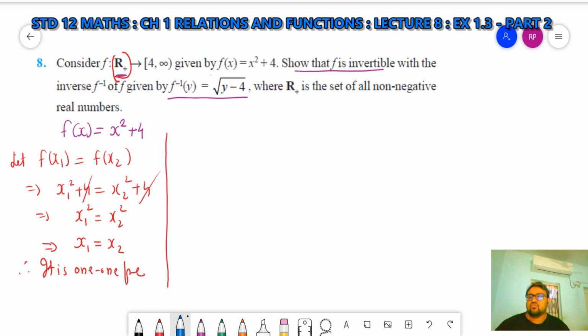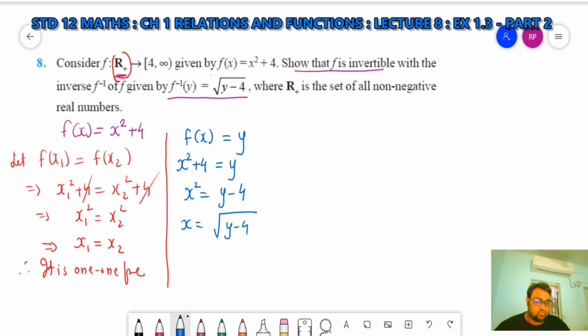Okay. Now for onto. So for onto we will take f(x) equal to y. What is f(x)? x square plus 4 equal to y. So x square is equal to y minus 4 and x will be equal to square root of y minus 4.